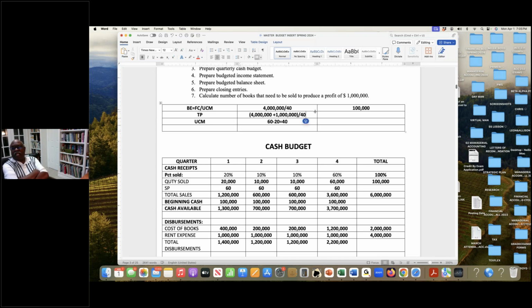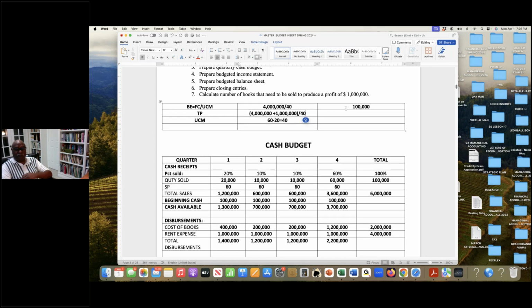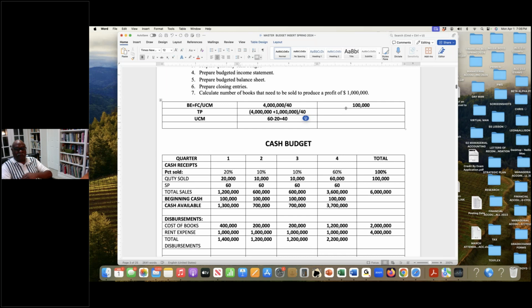So you got to memorize those formulas and know how they work. As we said, let's see if we can get through the first quarter.